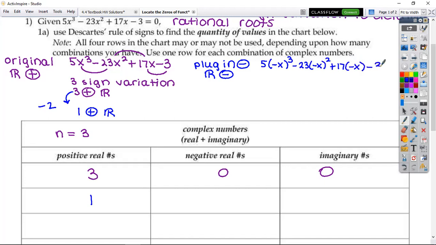And then all we're going to look at is the sign variations here. So I would be left with negative 5x cubed. And then minus, that would be 23x squared, because that becomes positive, minus 17x and minus 3. All right, how many sign variations? None. 0 sign variations.